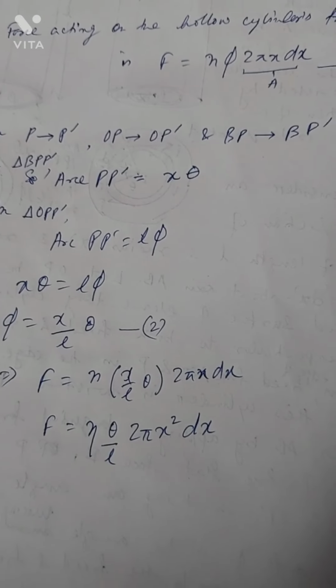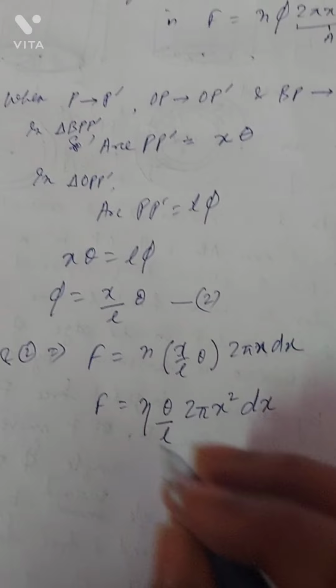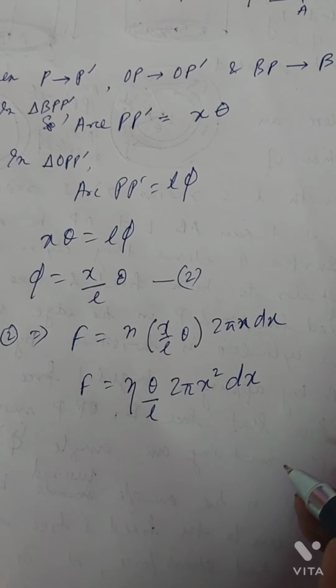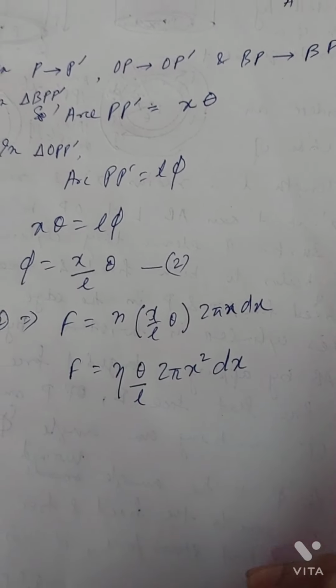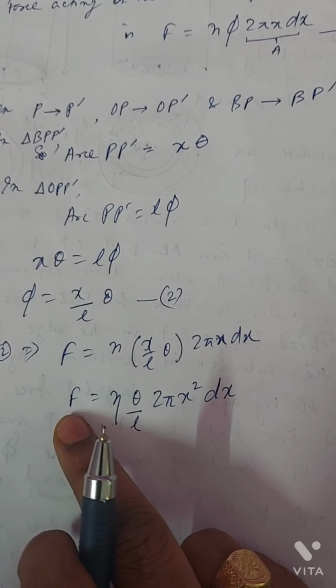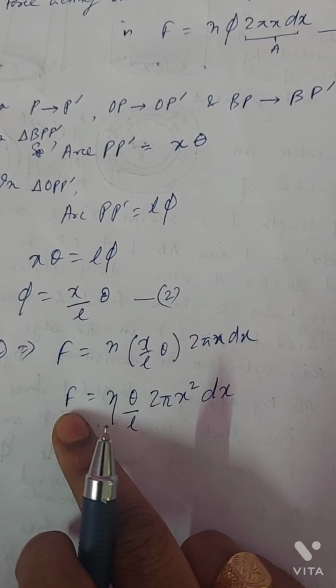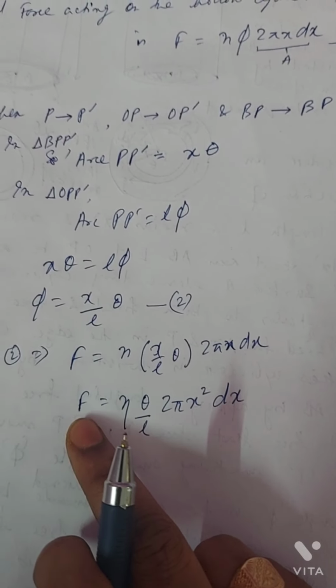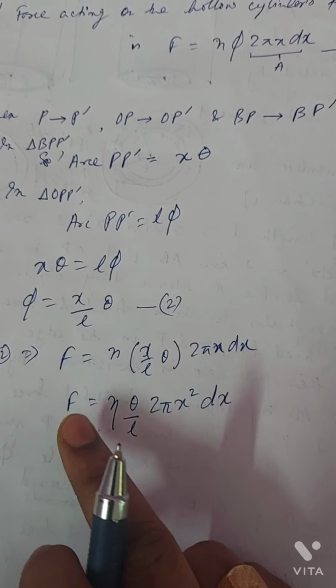Now what we need? The tangential force is this one, but the factor which produces the twist is the torque applied, that is the couple of the force.